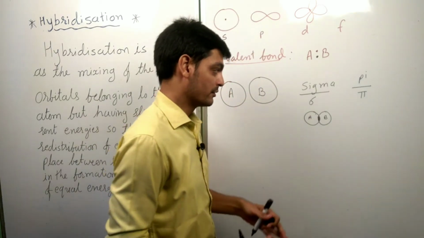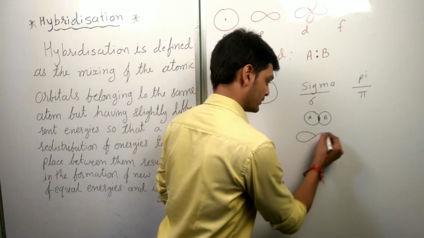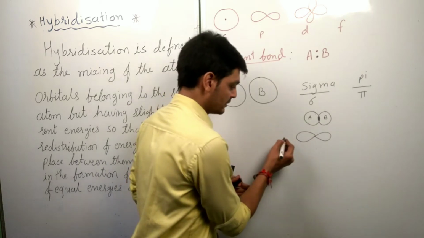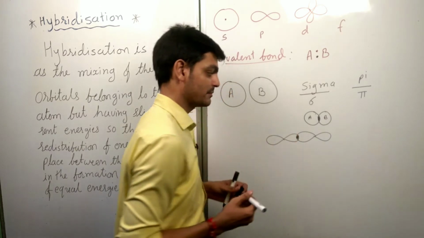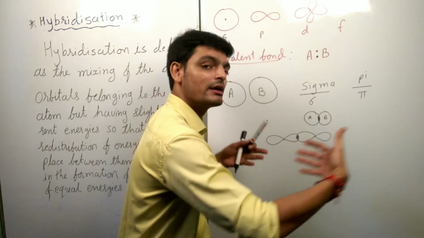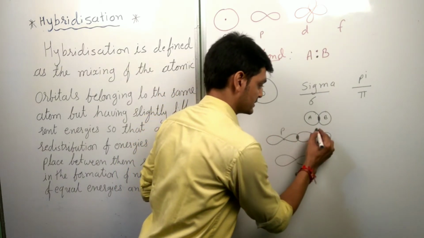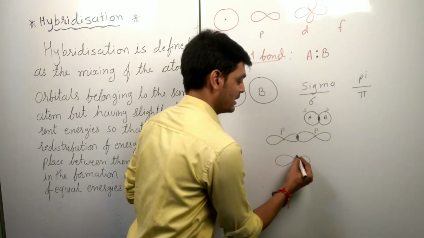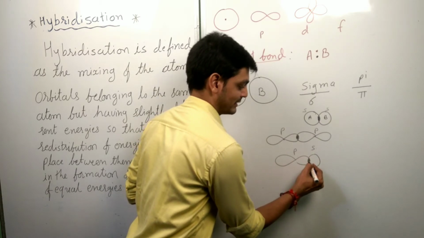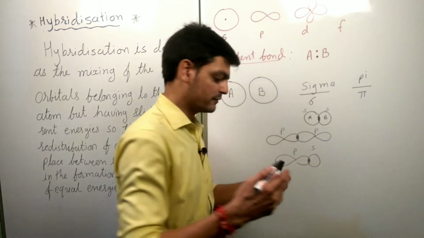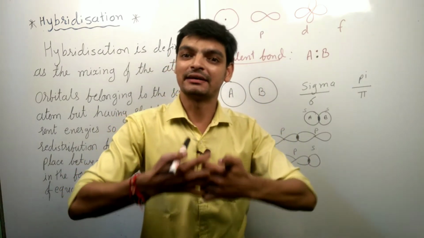A sigma bond can also be formed between two p orbitals, with end-to-end overlapping. If the overlapping happens between an s orbital and a p orbital, it may be like this. Whatever the case, if the overlapping is complete, end-to-end overlapping, it forms a sigma bond.